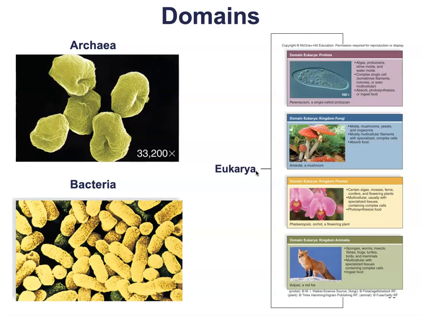So there you go. Just as an example of what you might see on an exam, I will say, a new organism has been found. It was found at the very, very bottom of the ocean in a giant sulfur vent, and it seems to be a prokaryotic single-celled organism. What domain would you classify this as?